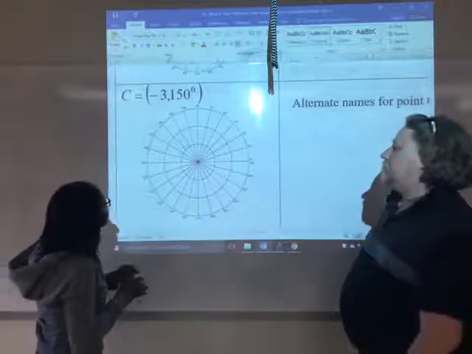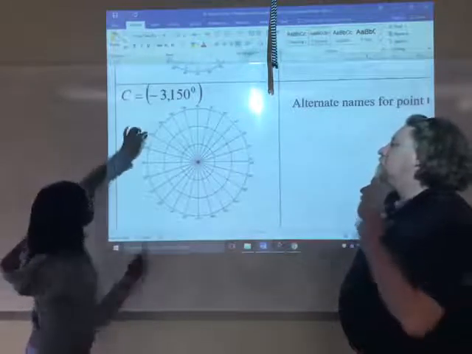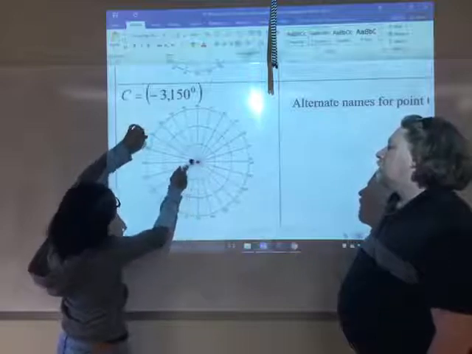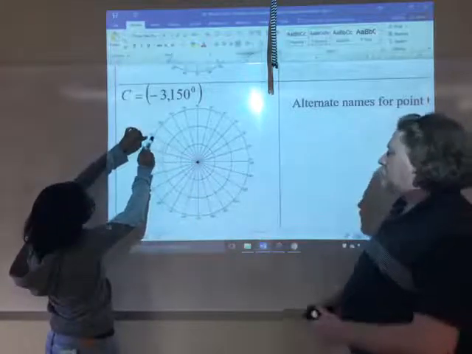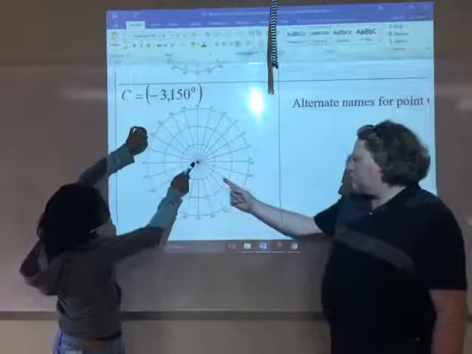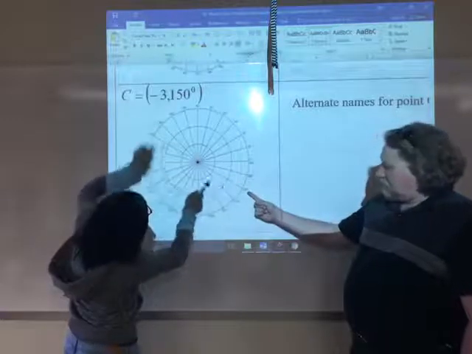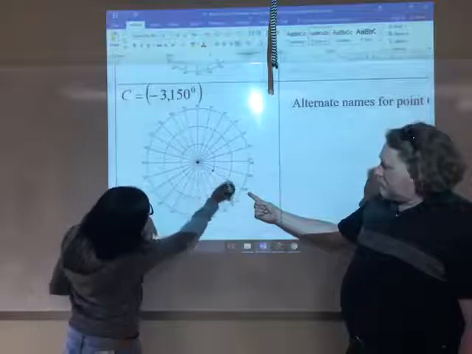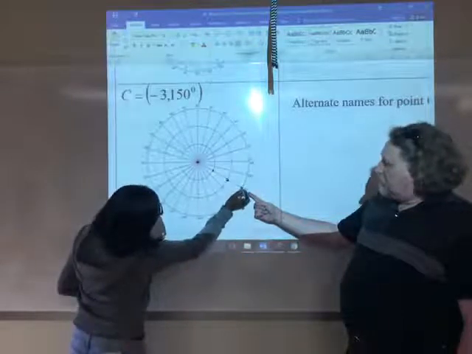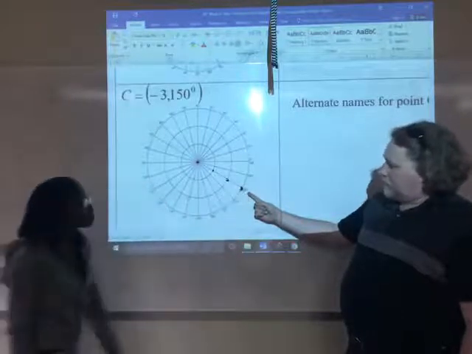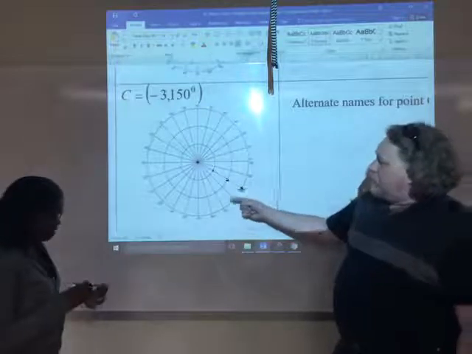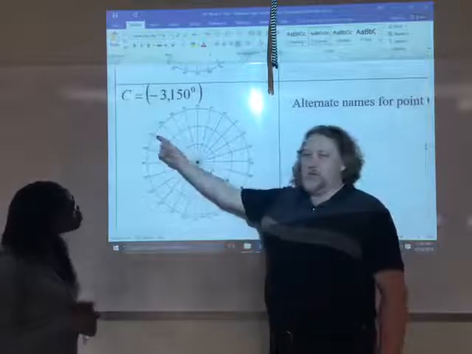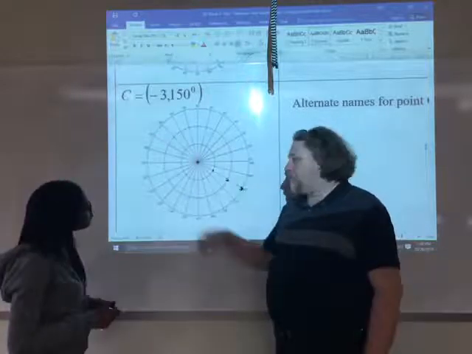Okay, so 150 degrees is here, but instead of going 3 radiuses this way, you're going to go 3 radius this way, which is 2, 330. So 1, 2, 3. Right here. That would be your point. Absolutely. So you notice, folks, negative radius means go in the opposite direction. So instead of 150, she's going in the opposite direction.